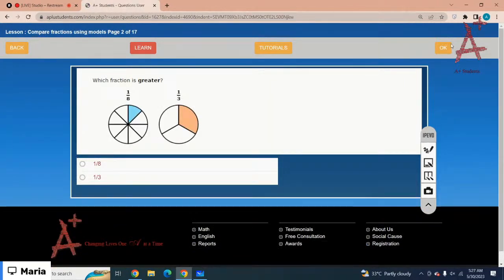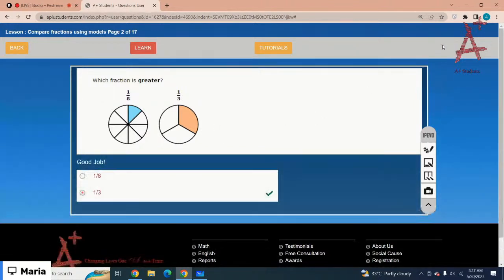Okay, which fraction is greater? 1 over 8, 1 over 3. You can see more portion colored. Here you have more portion colored, so obviously 1 by 3 is greater than 1 over 8.